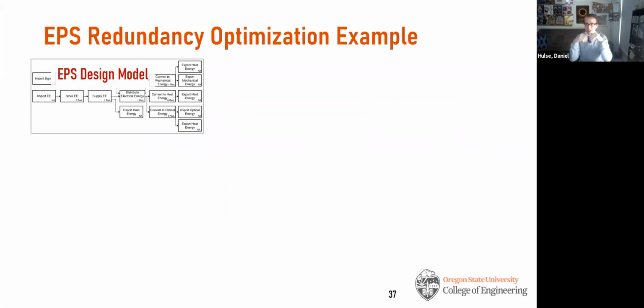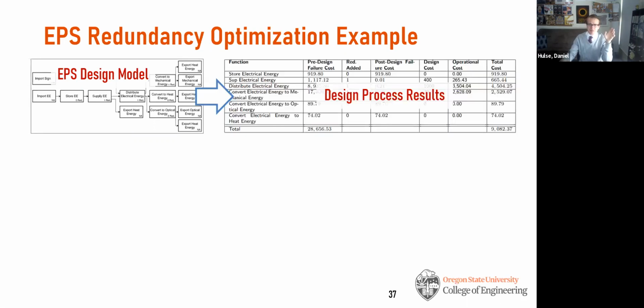And in this chapter, we had a couple of examples. One of them was this example of electric power system design, where we first set up this model, created a cost model around the redundancy of the system in terms of design, operational, and resilience costs. And that gave us a certain set of results, right?